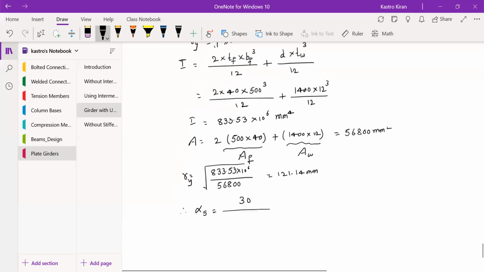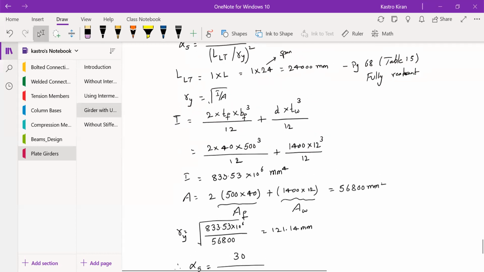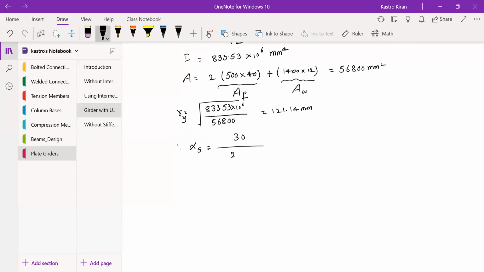The value of LLT is 24,000, divided by Ry, the radius of gyration, that is 121.14, whole square. So this will be 7.64 into 10 power minus 4. Okay, the alpha S value will be 7.64 into 10 power minus 4.